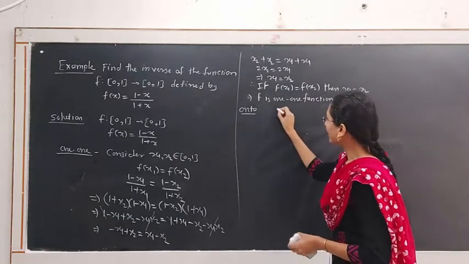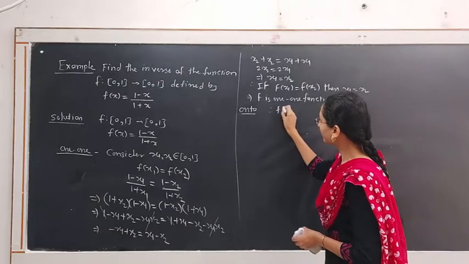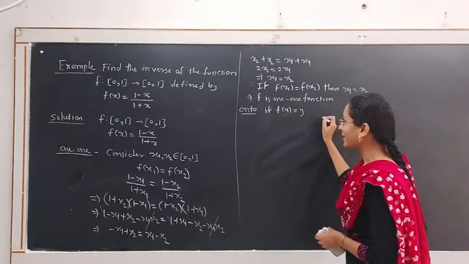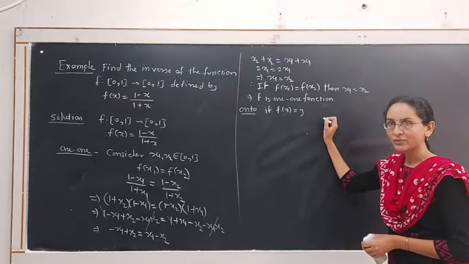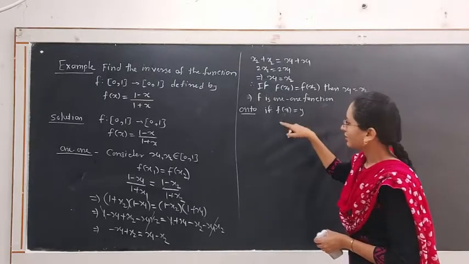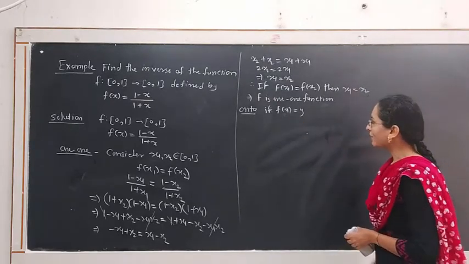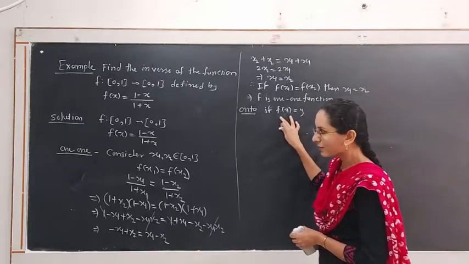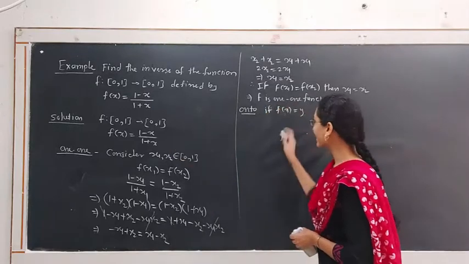Therefore, if f of x is equal to y, we need to find the value of x for which f of x is equal to y. If we consider f of x is equal to y, what is the defined function f of x? f of x is 1 minus x upon 1 plus x.